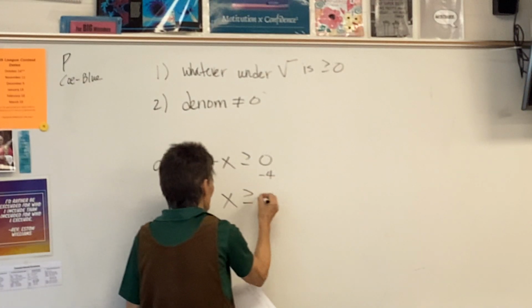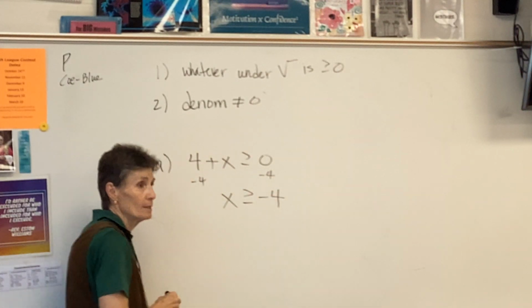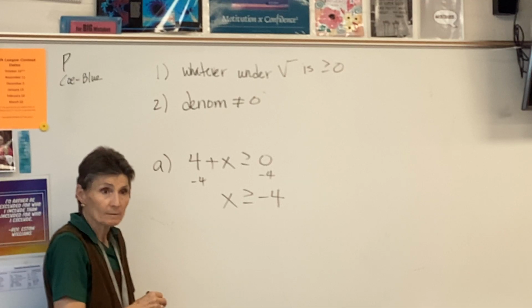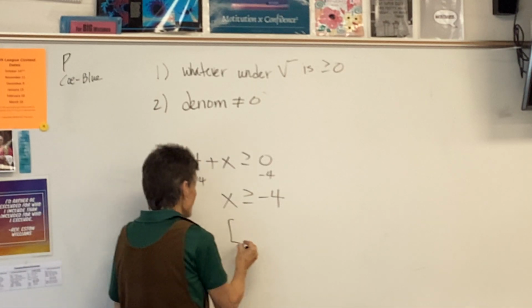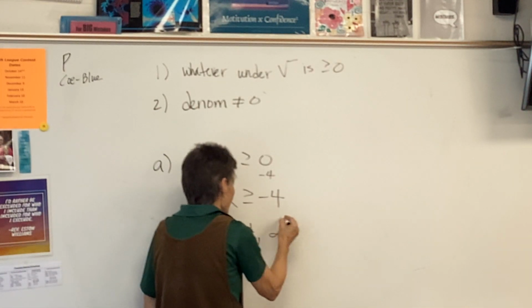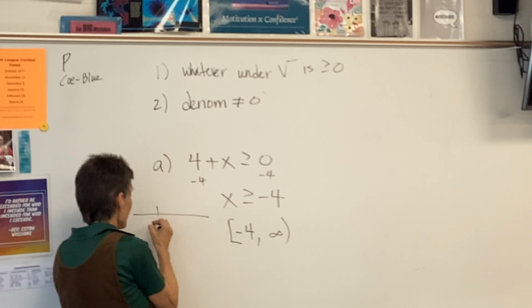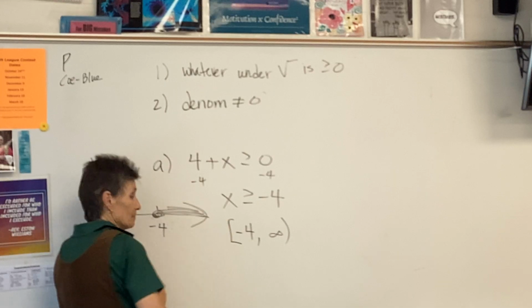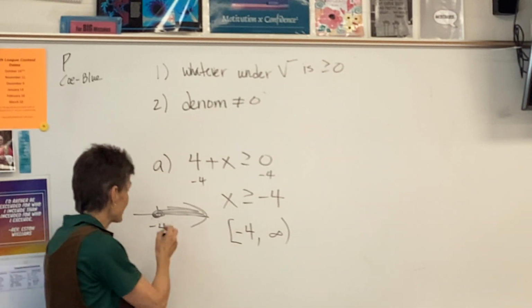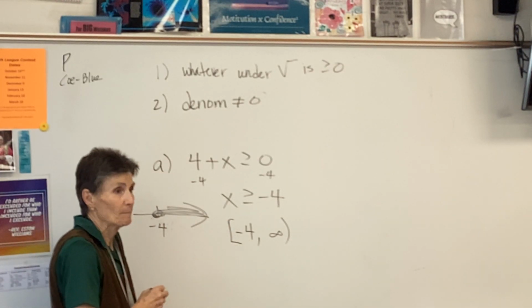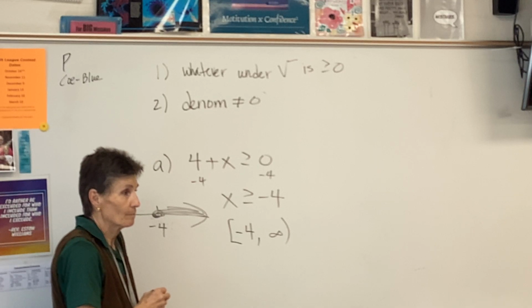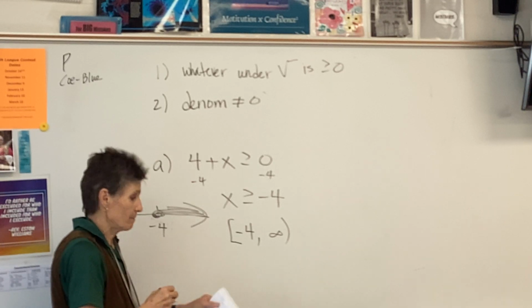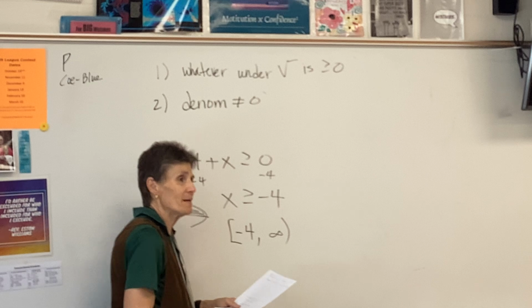So x has to be greater than or equal to -4. And when I write my answer, I'll have a bracket and an infinity. You don't have to graph it, but sometimes if you graph it, it helps you see the interval. Okay, easy peasy. What about B?